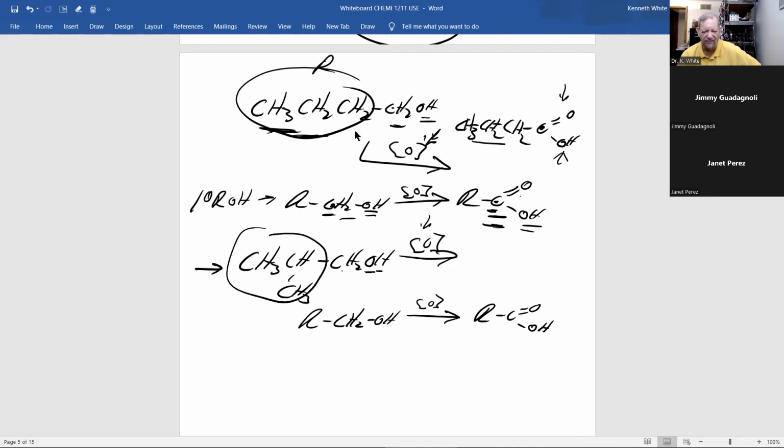This carbon becomes this carbon. So we have our R group, 3 carbons, and this carbon, which will have a double bond to oxygen and OH. And I can put in my 4 bonds to carbon, and that's what you got.